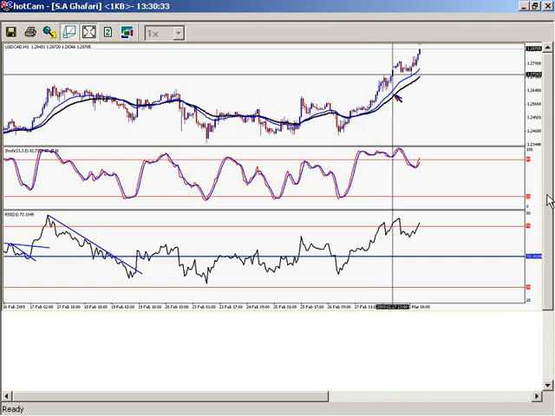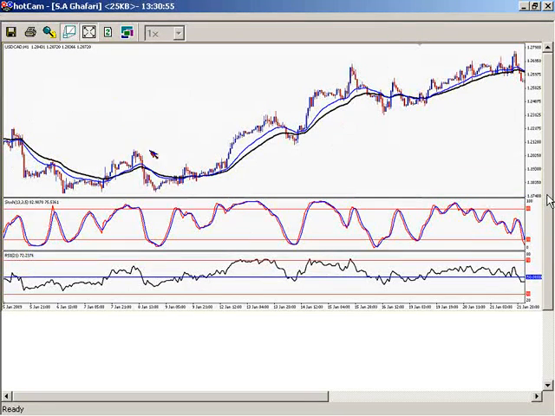So we can't count on a wave that is just moving at its end. Well, this is a very good and simple tool for a short-term trader, to have two exponential moving averages to know what the current situation of the market is.